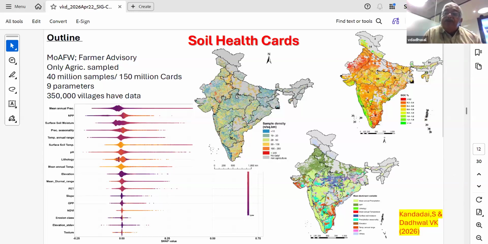Then you take a proxy variable. We have used only the soil organic carbon percentage. This is the national distribution of SOC percent. Now this SOC percent is actually controlled by various proxies. Some 20 of them are shown here.